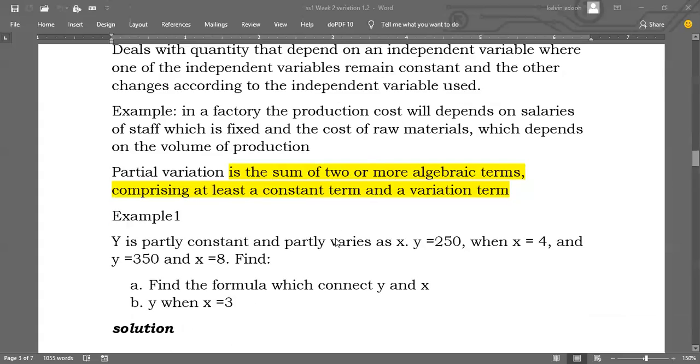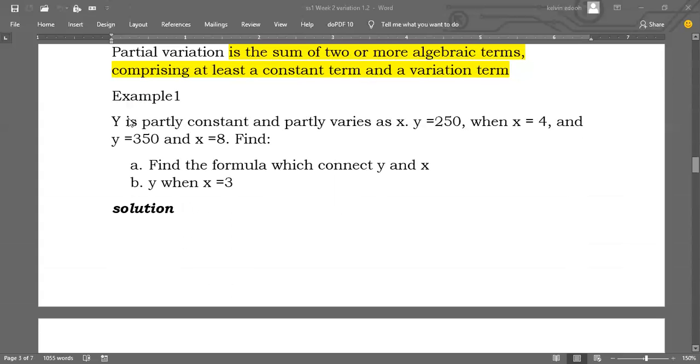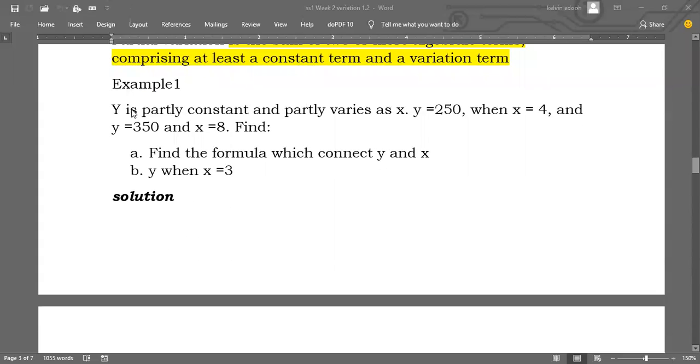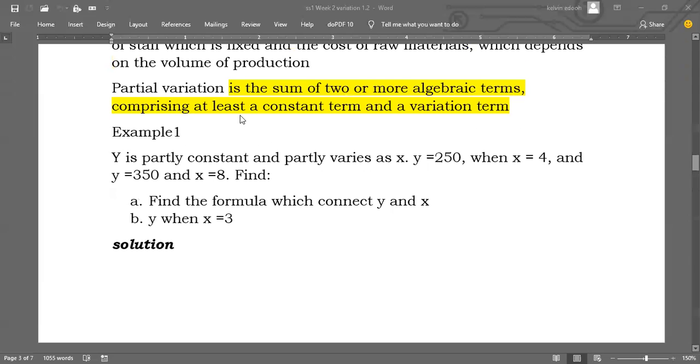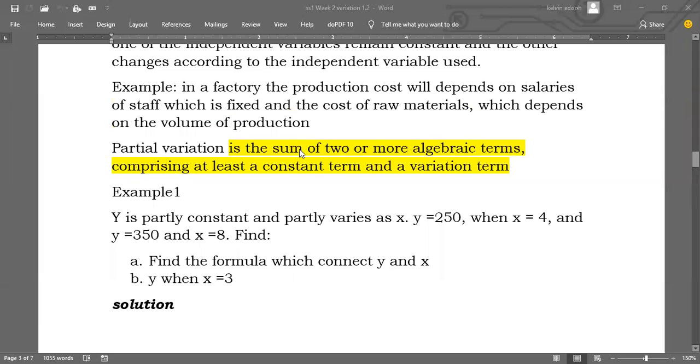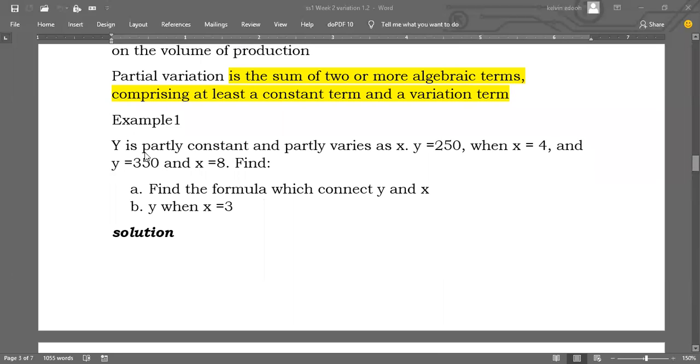So look at this question here. In this question, question 1, we are told that y is partly constant. You see that in partial variation there is always a constant term and another term that is varying. So look at this question. You are told that y is partly constant, that y does not change in one condition, and partly varies as x.